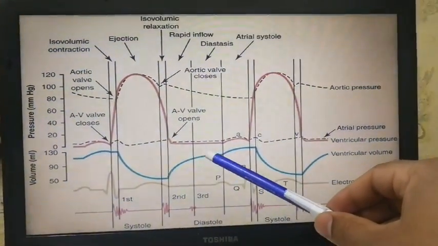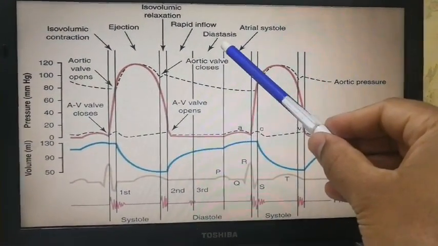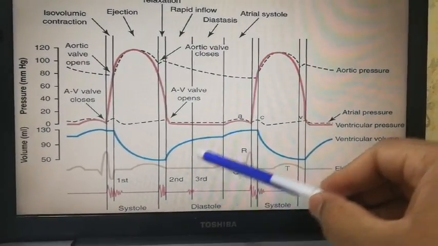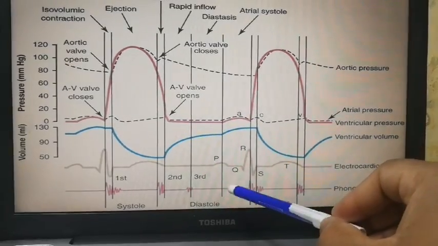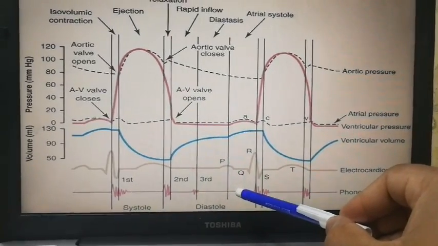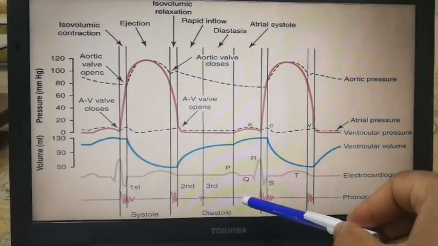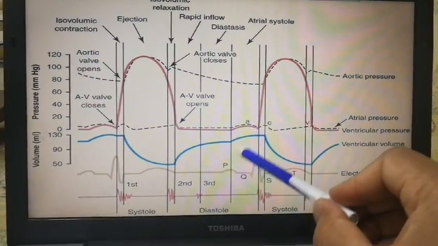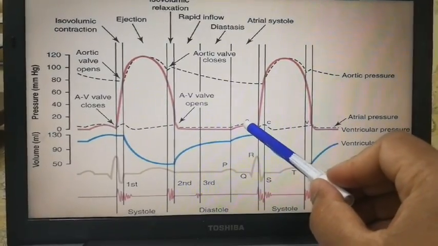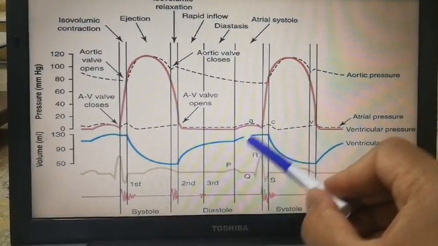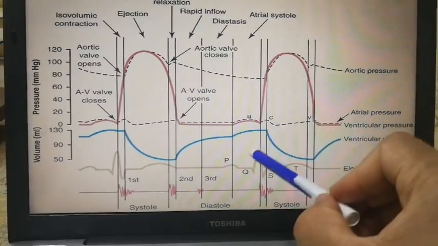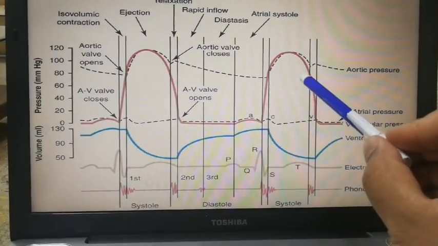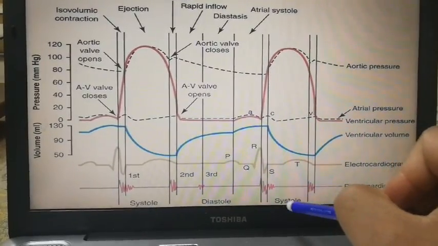When there is rapid inflow, then the third heart sound is produced. And when there is atrial systole, here is the fourth heart sound, but it is not mentioned in the diagram. And for ECG, atrial systole has the P wave, isovolumetric contraction has the QRS complex, and before isovolumetric relaxation, there is the T wave.